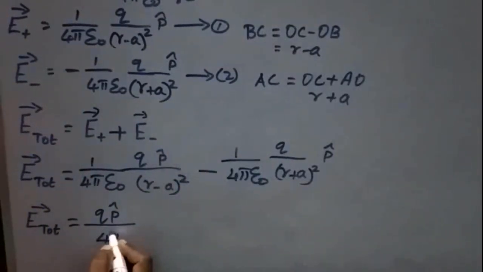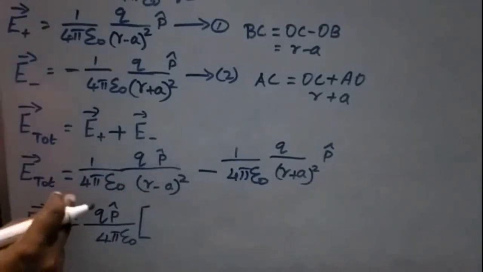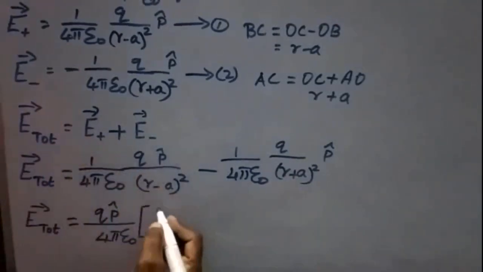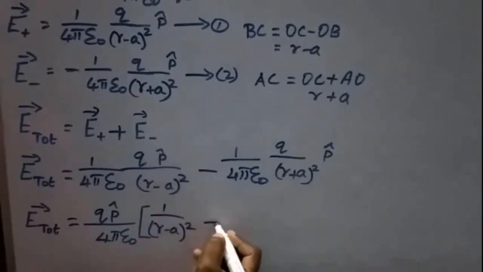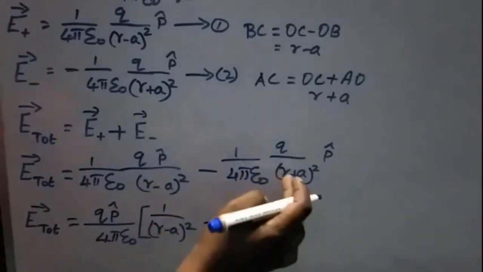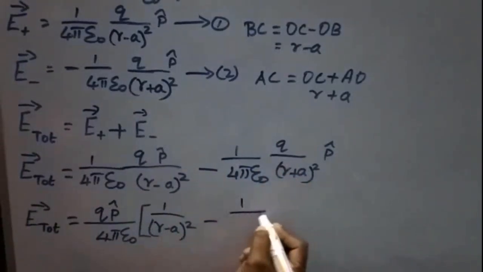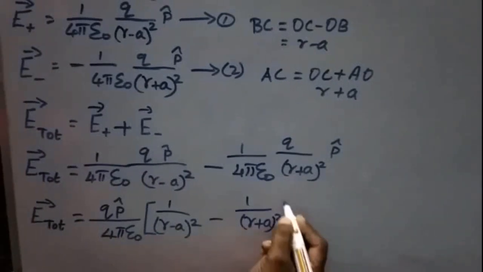So this 4 pi epsilon 0 is taken outside. Now what are the remaining in this term? 1 by (r minus a) the whole square, minus, here q by 4 pi epsilon 0 went outside. Now what are the remaining? 1 by (r plus a) the whole square.